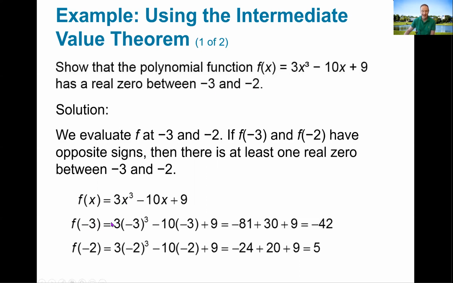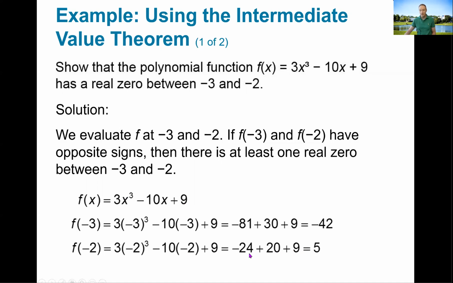Evaluate the function at -3, plug -3 into this function, and you can see I got -42. So I'd have the ordered pair (-3, -42). Now, when I plug in the x value -2 into this function, I'll get 3 times -8 is -24. Then I have plus 20 plus 9.